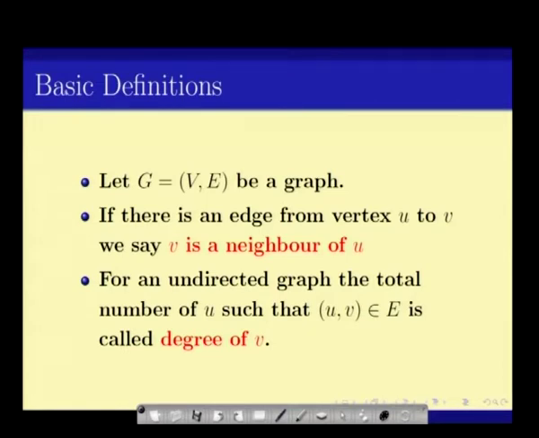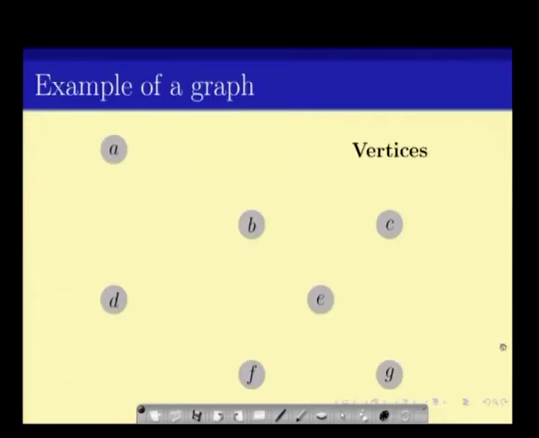In other words, the degree of u is the number of vertices which are related to u, or for which there is an edge from u to that element. Let us consider some example.